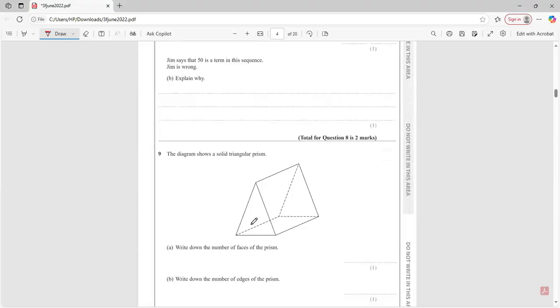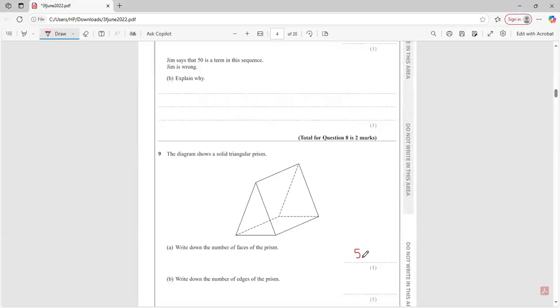Okay, I'm sure number 9 should be simple for you. Number of faces on a prism. I think this one is 1, 2, 3, 4, 5. There are 5, right? Number of edges should be 1, 2, 3, 4, 5, 6, 7, 8, 9.